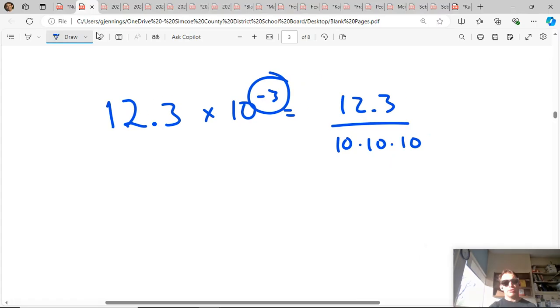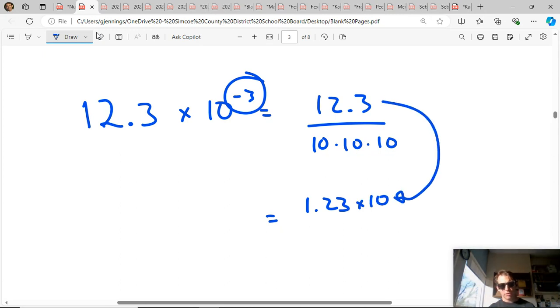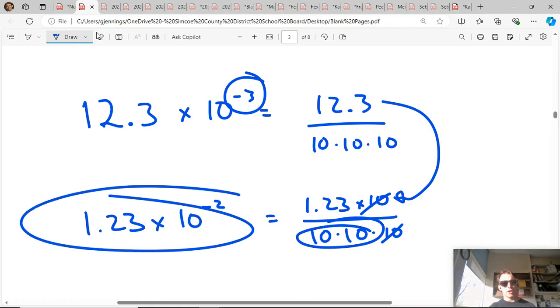Now, 12.3 could be written as 1.23 times 10. That's the same. It just shifts the decimal place. Divided by 10 times 10 times 10. Cancel, cancel. Oh, I'm only dividing by 2 tens now. So this would be the same thing as saying 1.23 times 10 to the minus 2, which is what I gave as the answer.